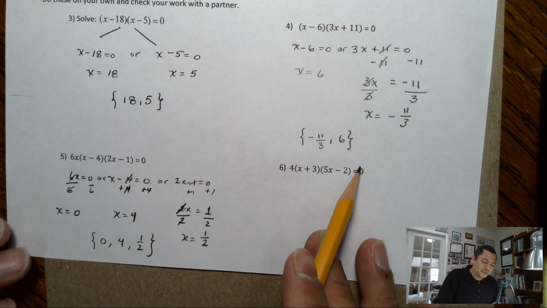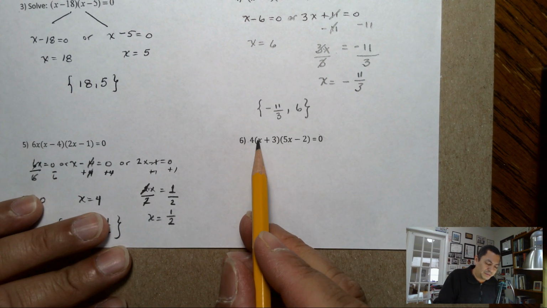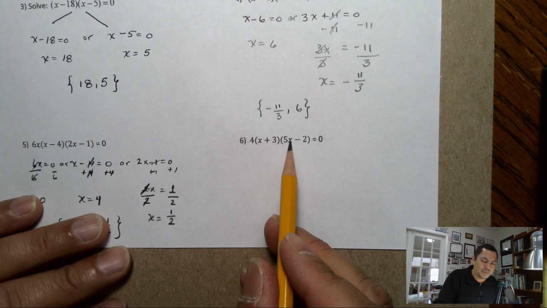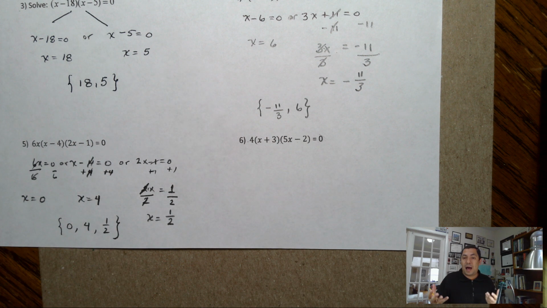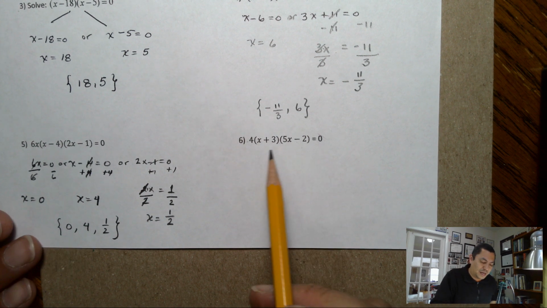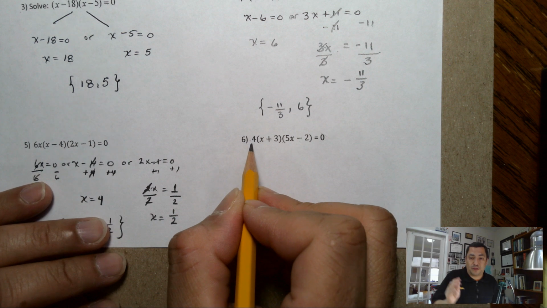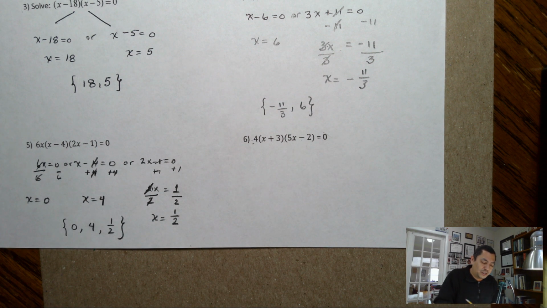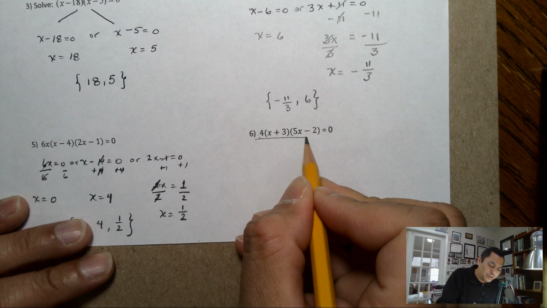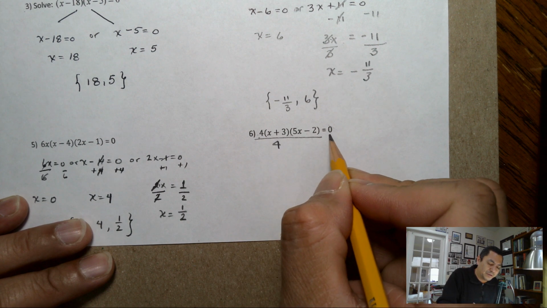Problem number 6. I have 4 times (x plus 3) times (5x minus 2) equals 0. What happens? Probably they apply the greatest common factor first before they factorize this function. As you can see, this 4 is alone. It doesn't have an x. So what I'm going to do is divide this expression by 4 on both sides.